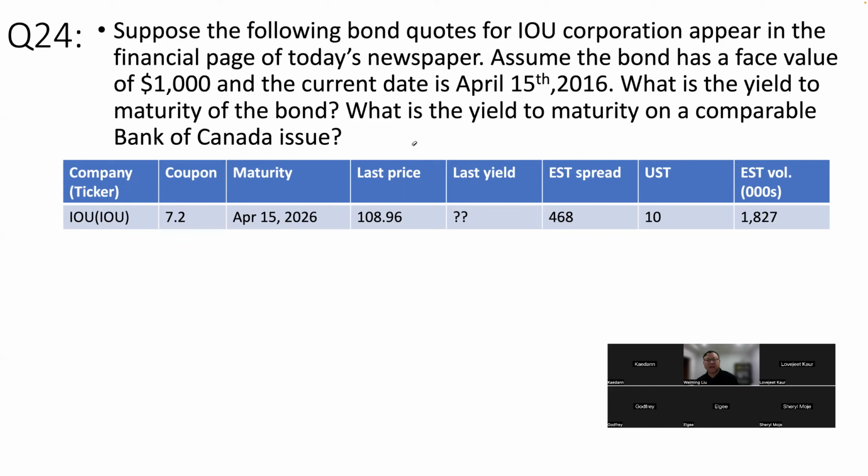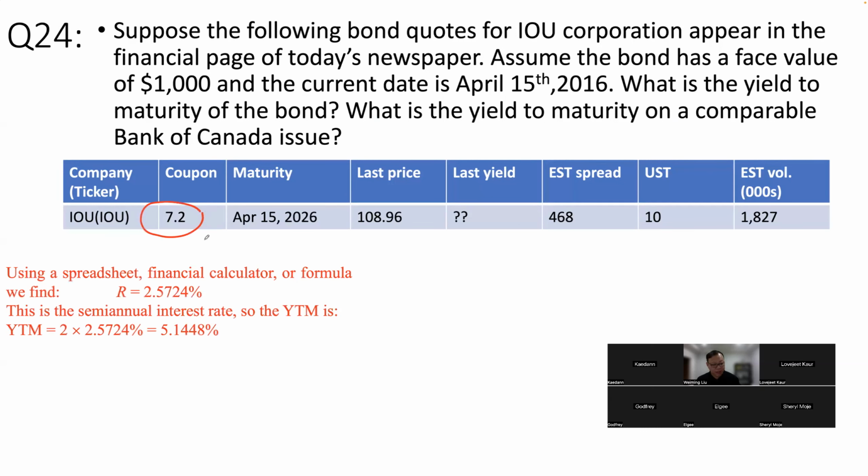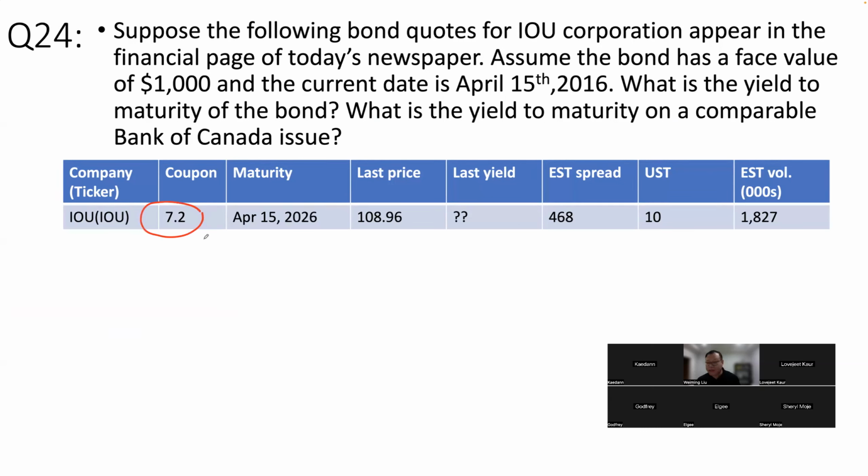Okay, let's take a look at the first question. What is the yield to maturity? Well, the yield to maturity is also the market interest rate, right? So you know all these words are sometimes used interchangeably. Okay, so let's take a look at what information we have. We know the coupon rate, that's 7.2%.